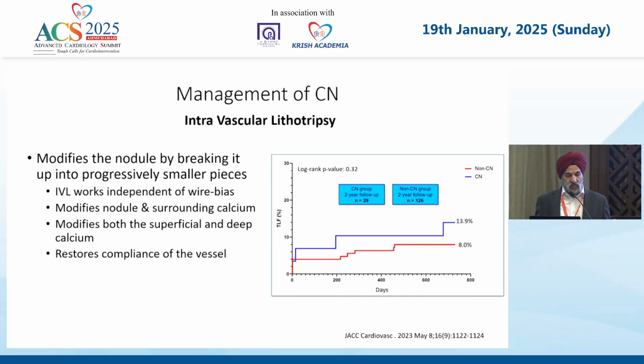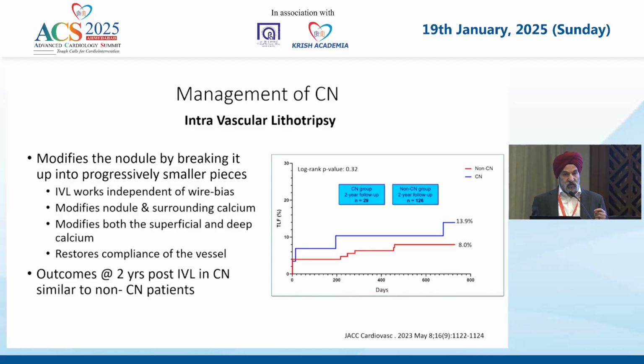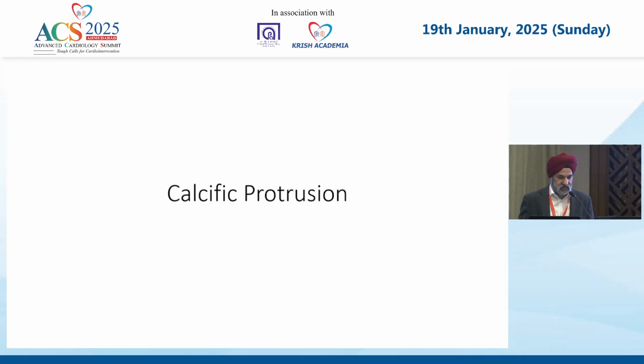It modifies both the superficial and deep calcium, and it kind of restores the vessel compliance, which is what leads to stent expansion. The outcomes which were noted in this current study was similar in patients with or without calcific nodules. So this is a big plus of IVL. That means it produces outcomes which are similar in patients having and those not having calcific nodules.